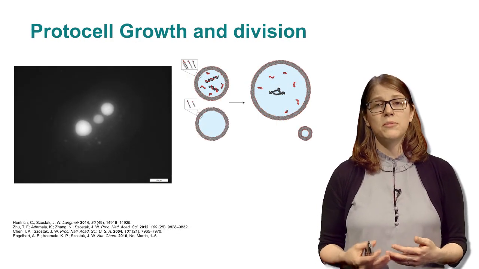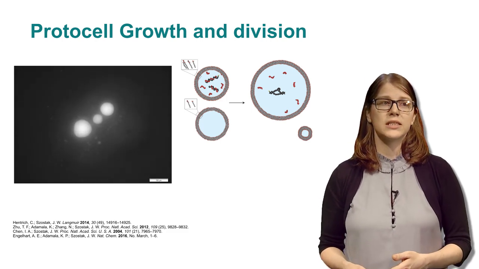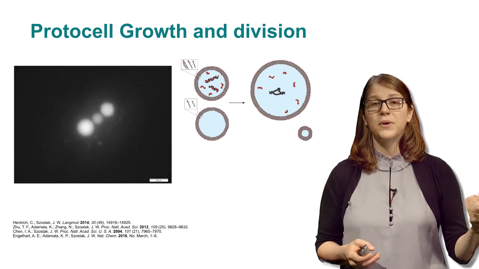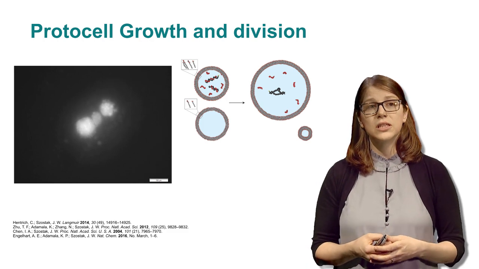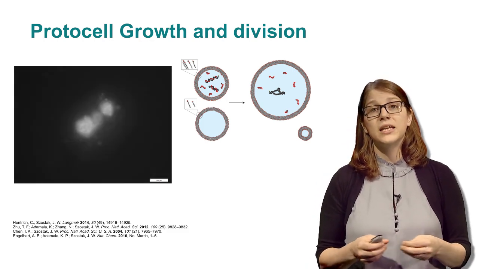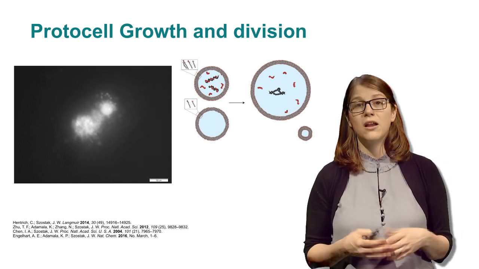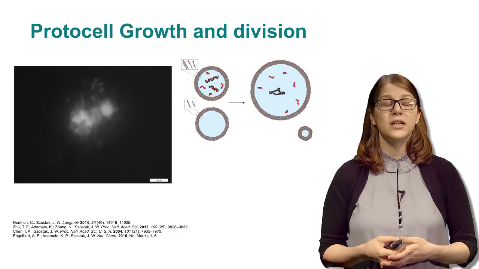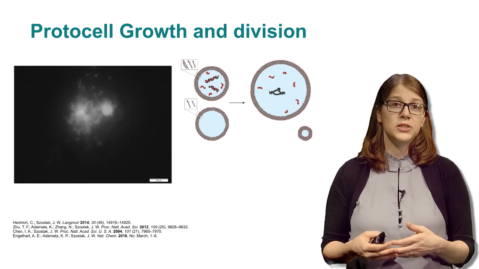Protocells are also capable of growth and division, which means replication in a very simple sense. And if you look at the cartoon shown here, it's been shown that if you have a reaction that is growing and increasing the osmolarity of your solution, that membrane will actually grow larger by stealing molecules from a non-growing vesicle. In the movie that you're seeing here, we're actually watching the transition of an oil droplet into vesicle phases.